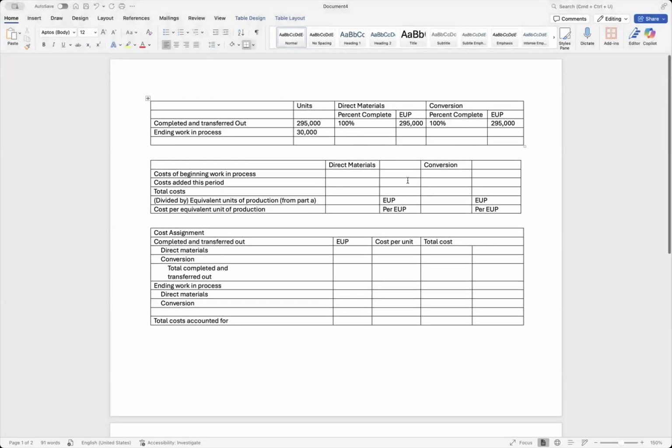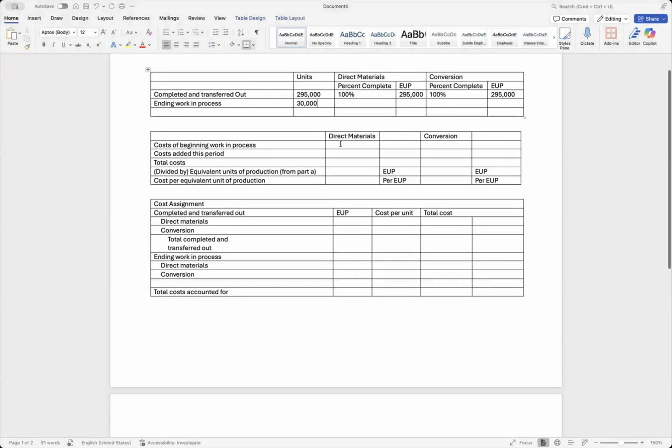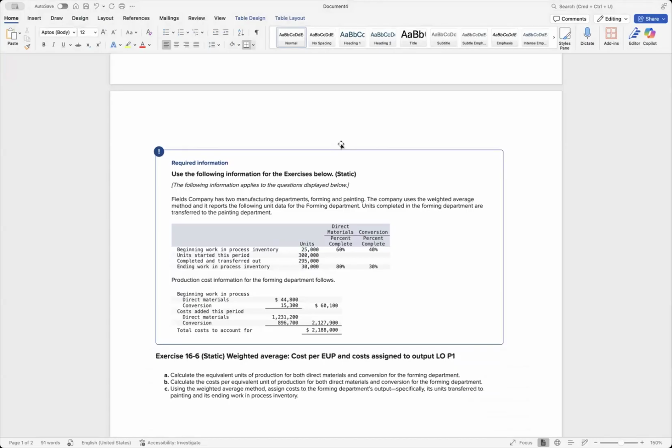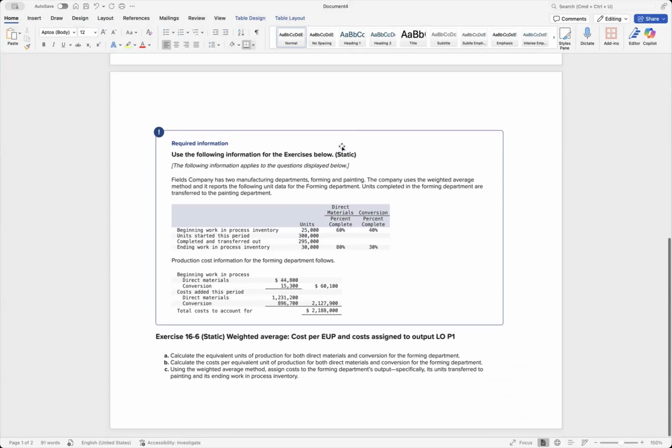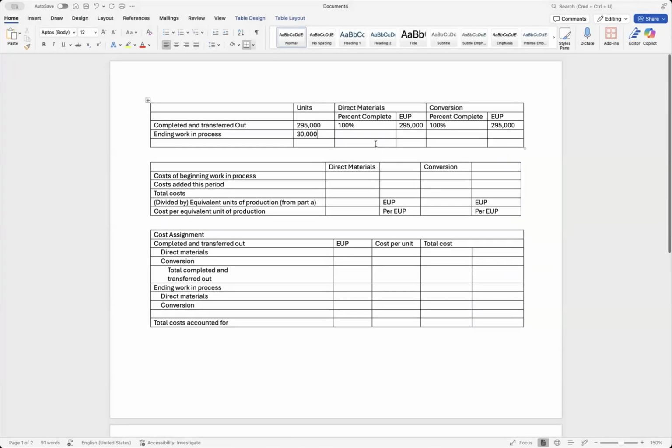And so my ending work in process, in terms of my direct materials, it told me that these are 80% complete. Okay. So I'm going to take 80% of these and I'm going to get my calculator. So 30,000 times 80%, that gives me 24,000.